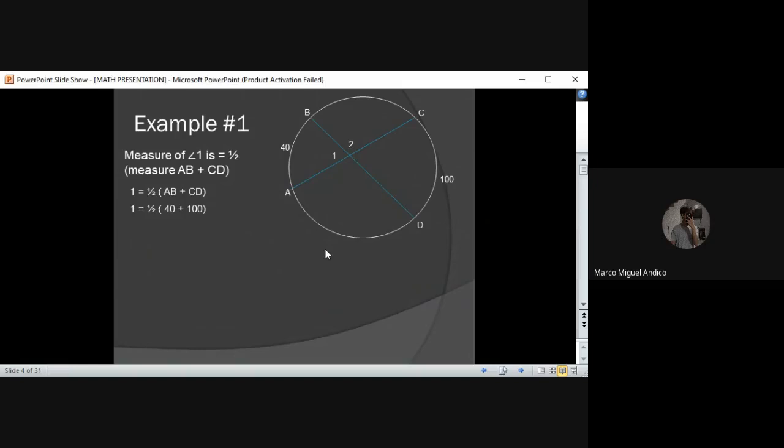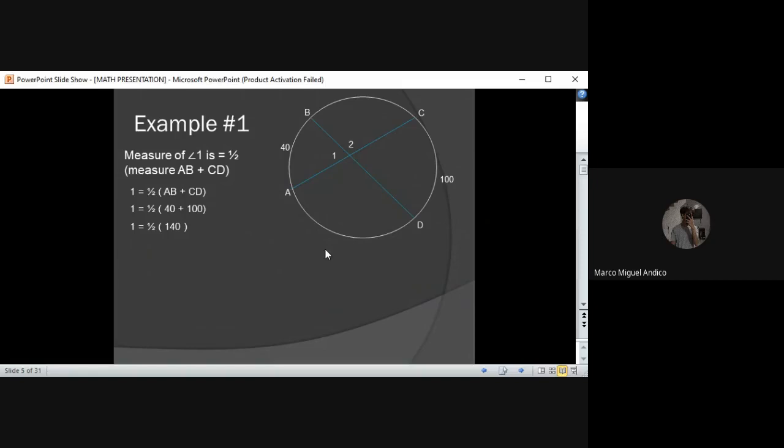So let's add it. Angle 1 equals 1/2 times 140. Tapos the half of 140 is 70. So angle 1 is equal to 70.